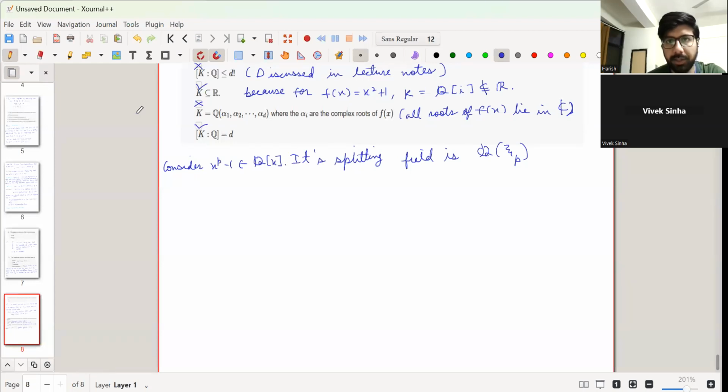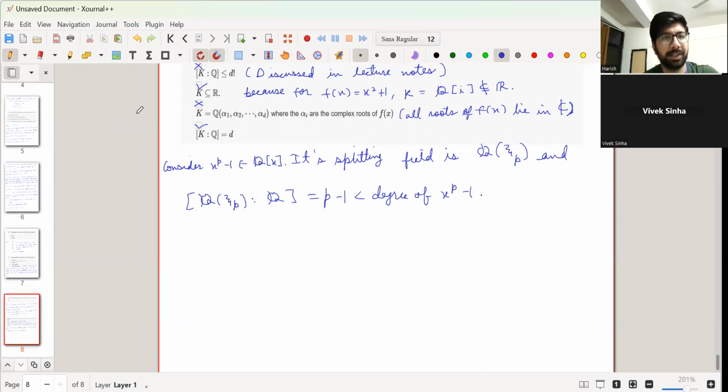Then its splitting field is Q(zeta_p), and Q(zeta_p) over Q has degree p minus 1, which we have already seen, which is less than the degree of x^p minus 1. So it is not necessarily true that the degree of the field is the same as the degree of the polynomial. It may be less than or even more than that.